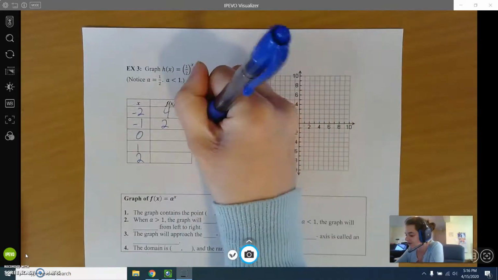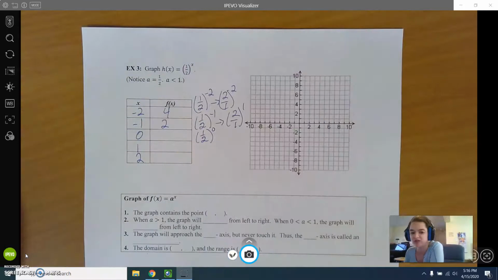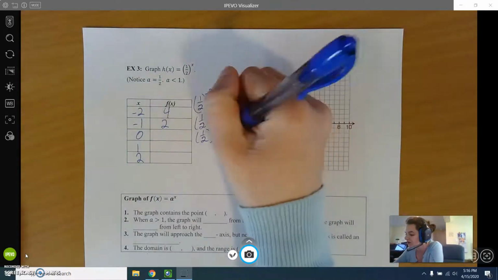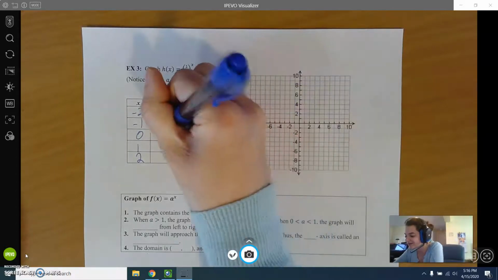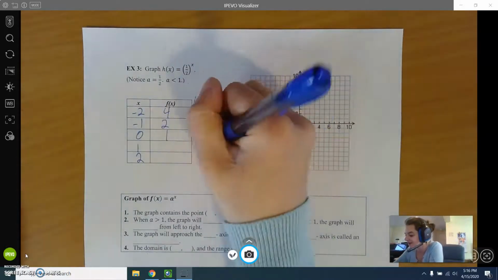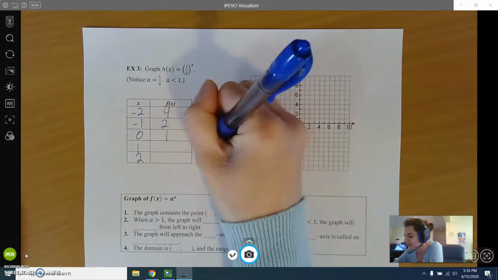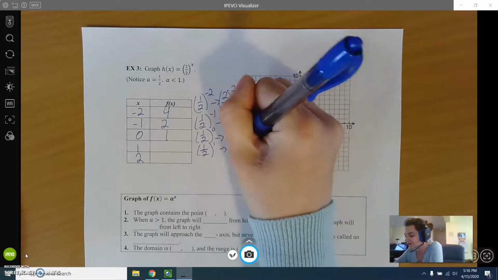If x is 0, I would have 1/2 raised to the 0 power, and anything to the 0 power is 1. Okay? 1/2 raised to the first power, if x is 1, would just be a half.